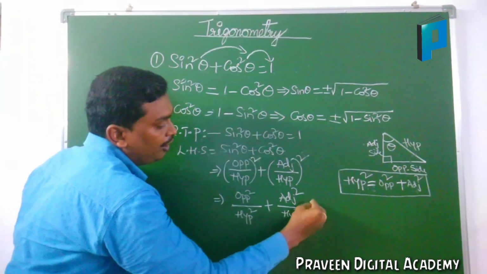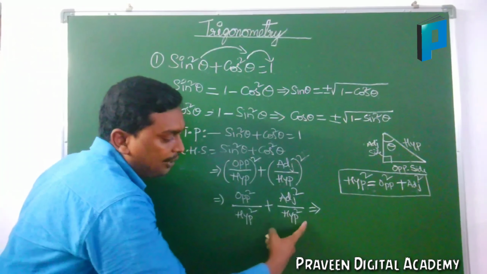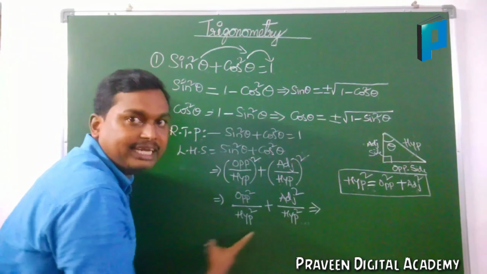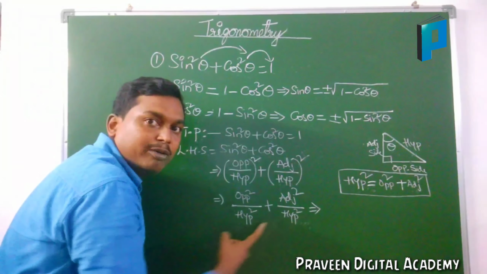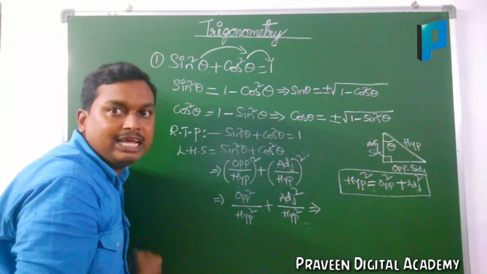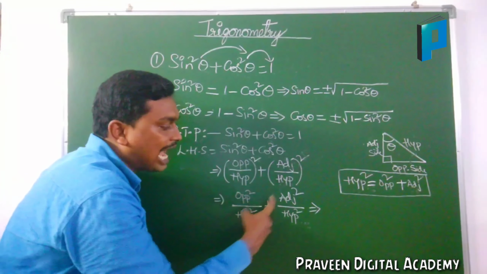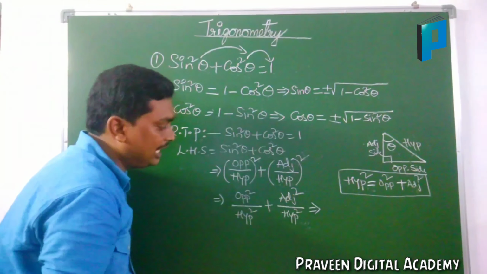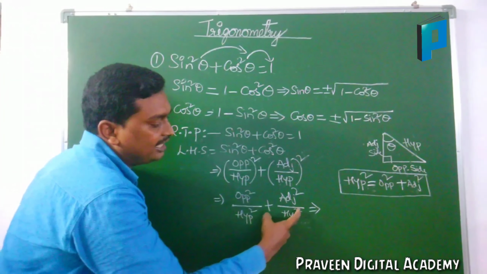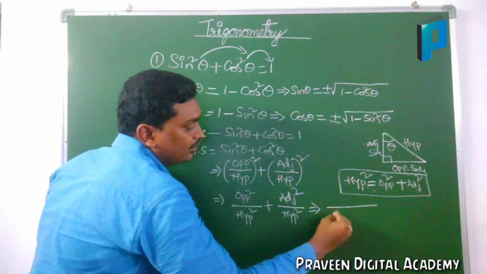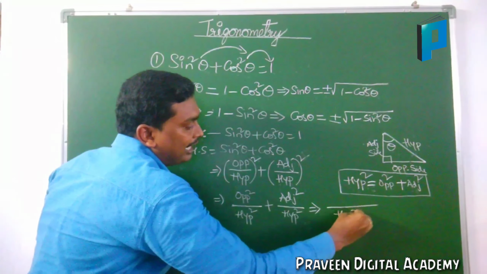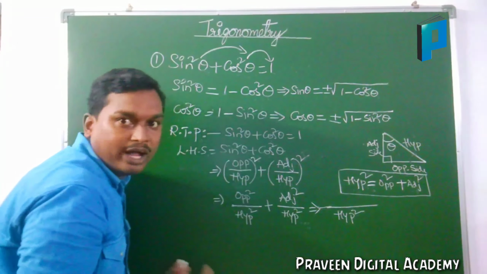Now both denominators, hypotenuse square, are equal. When the denominators are equal in a fraction, we can add the numerators directly. So I will take hypotenuse square only once.